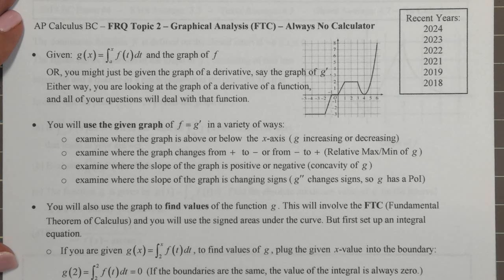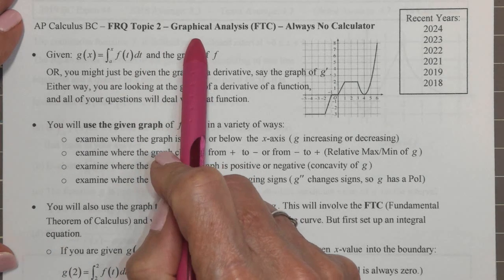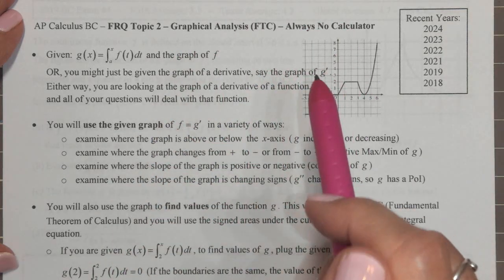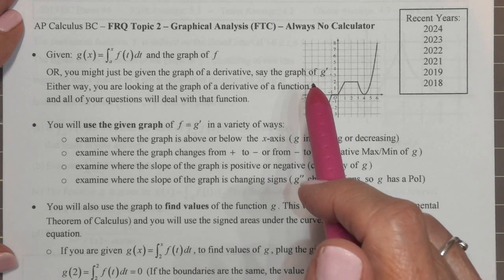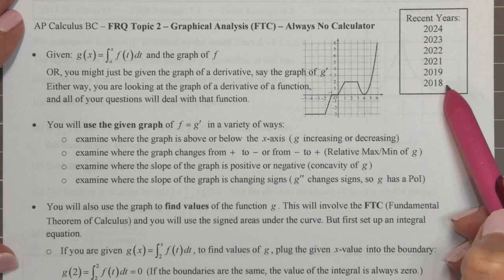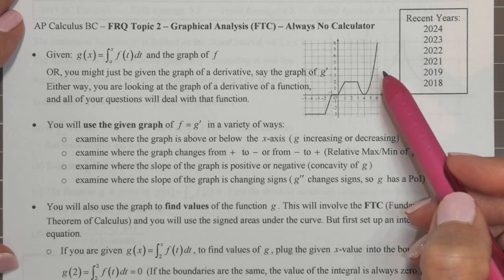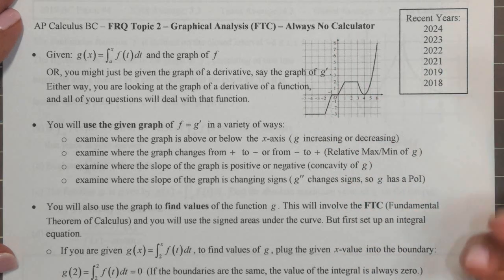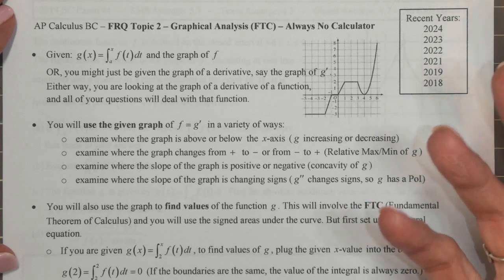Okay, graphical analysis is our topic 2. This is always on the AP exam. It's always there, and always no calculator, just like the series question is always number 6.